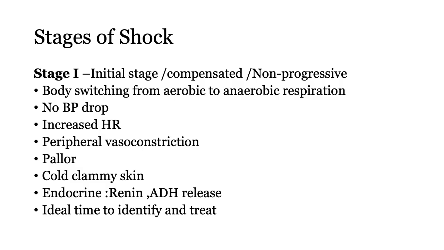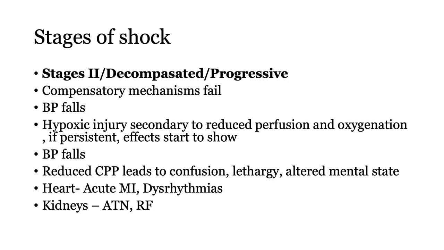There will be peripheral vasoconstriction. The patient will be pale, and because of the peripheral vasoconstriction, the patient will have cold, clammy skin. In the endocrine system, we shall see a release of renin and antidiuretic hormone. This is the ideal time to identify and treat shock. However, if not treated, it will progress into stage 2.